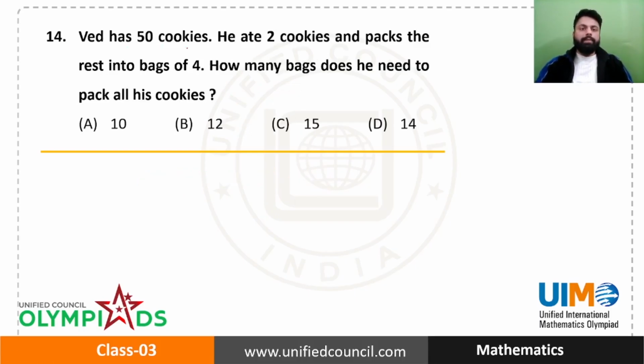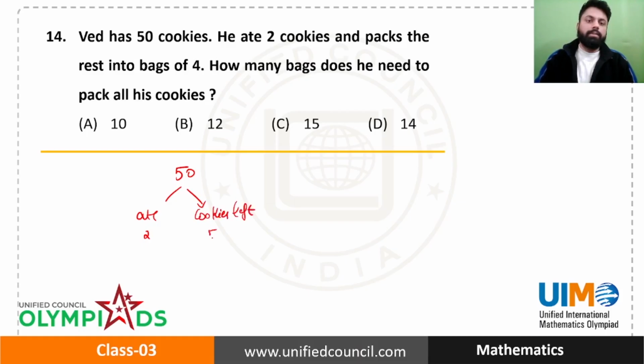Ved has 50 cookies. He ate 2 cookies and packed the rest into bags of 4. So out of 50, he ate 2. Cookies left is 50 minus 2, that is 48.